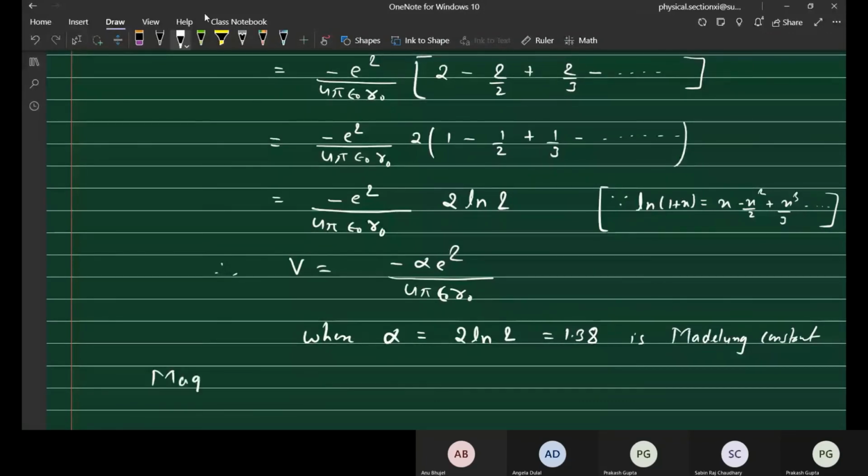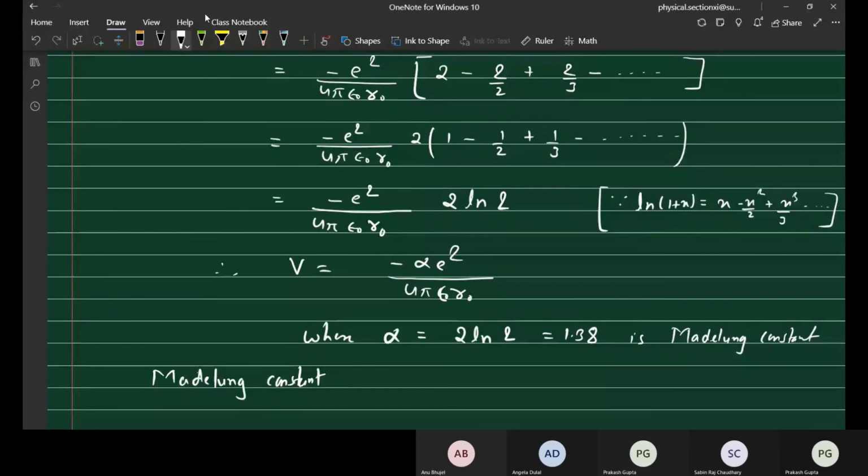Now what is the meaning of Madelung constant? Madelung constant is playing the role of the effect of all the neighbor atoms.